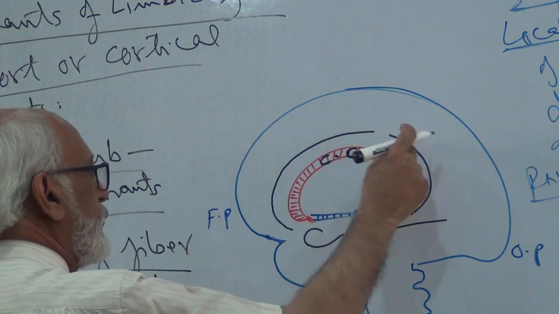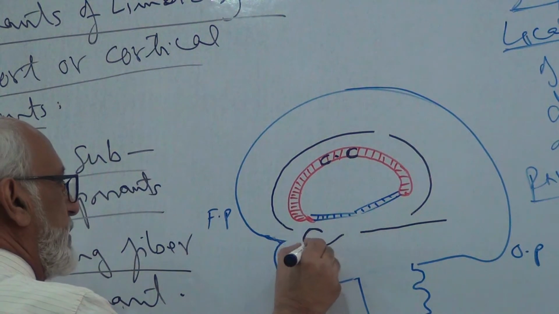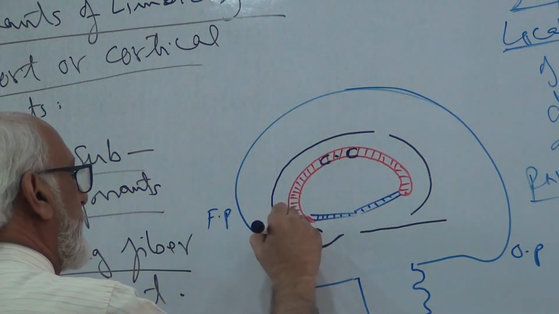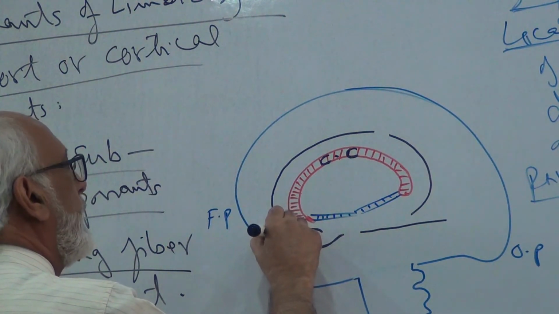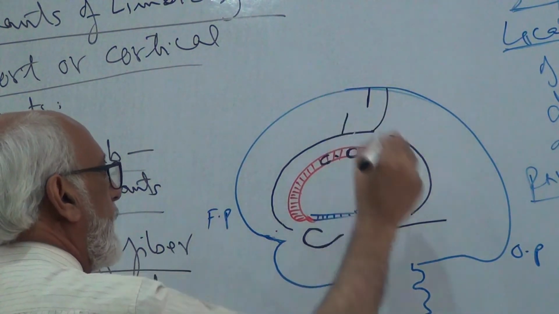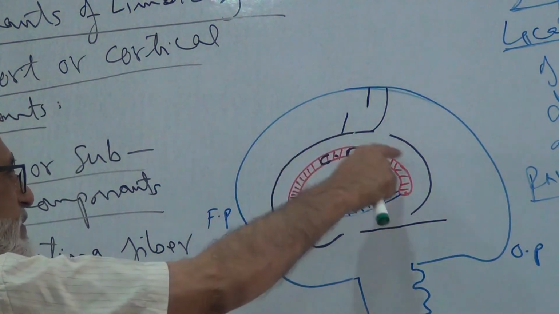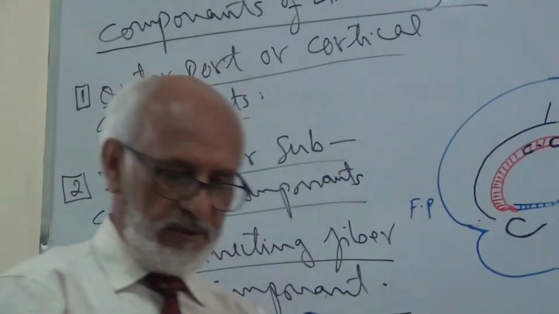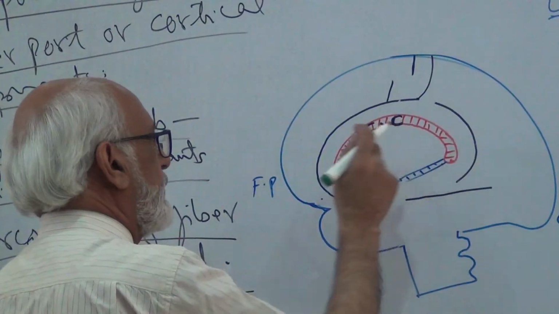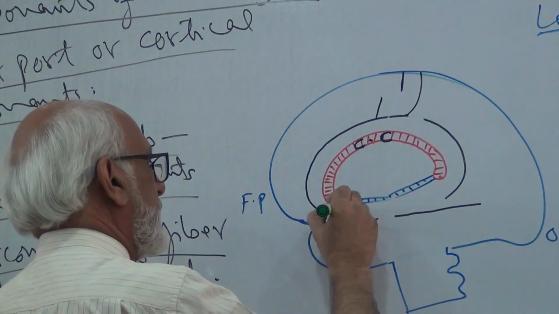Cingulate sulcus, supraspinal sulcus, collateral sulcus, and this hook-shaped rhinal sulcus. So here is the arch-shaped or C-shaped cortex just between the corpus callosum and the cingulate sulcus.